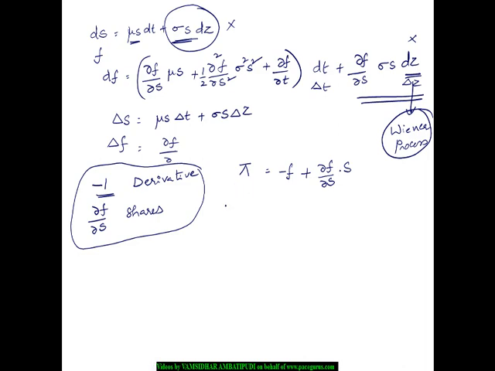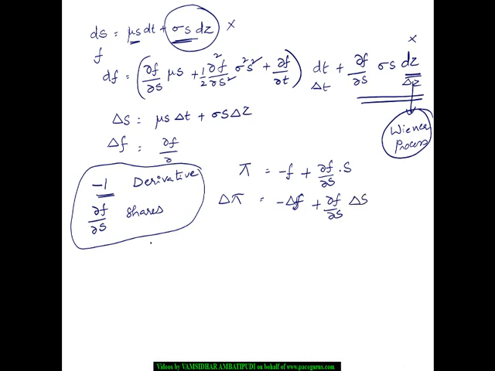And now I really want to find out the change, which is the delta pi. So if I want delta pi, I am taking the change in f, which is minus delta f, right? That is what I have to do: minus delta f plus dou f by dou s times delta s.